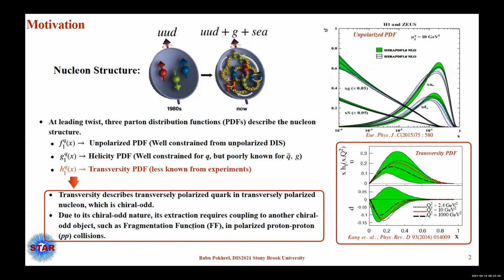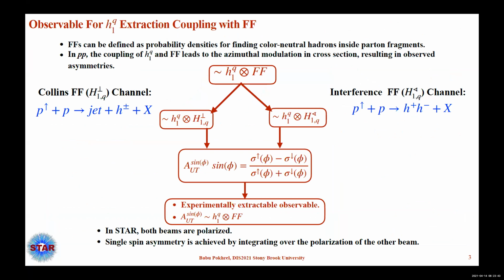In pp collisions, we can couple transversity to the fragmentation functions to extract observables sensitive to the quark transversity. If we detect hadron pairs within jets in the final state, we can couple transversity with the Collins fragmentation function. And if we detect an oppositely charged hadron pair in the final state, we can couple transversity with the interference fragmentation function.